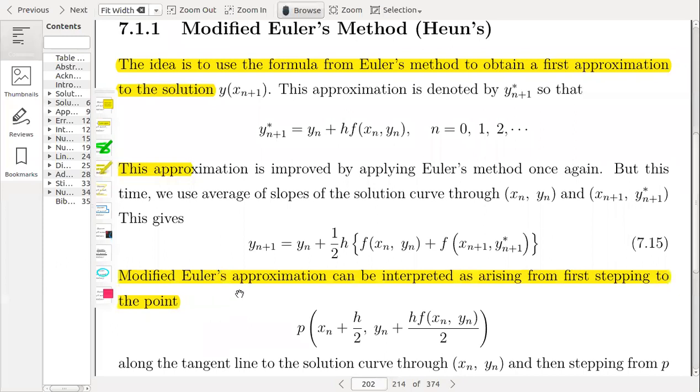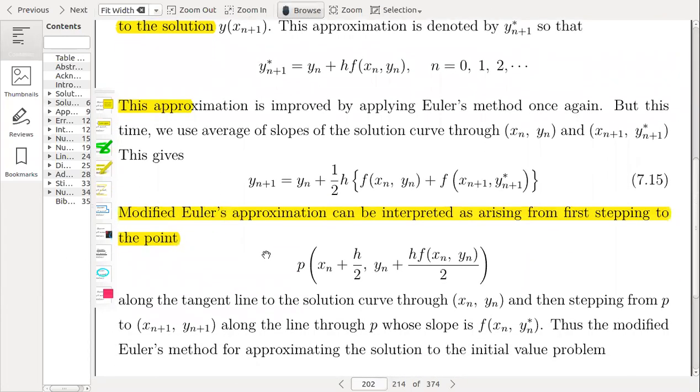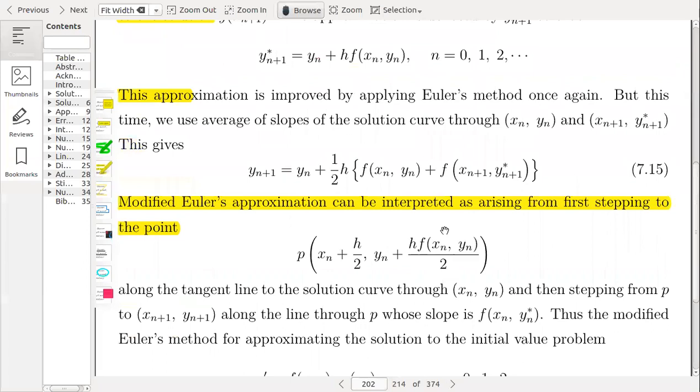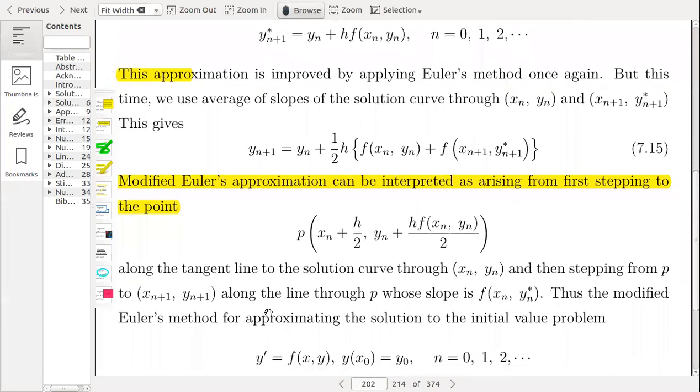Okay, so it's a rising curve or rising graph, which is going towards the point P. So how we can compute P: the x coordinate is xn plus h by 2 and the y coordinate is yn plus h f of xn yn over 2, along the tangent line to the solution curve through xn and yn, and then stepping from P, this point, towards xn plus 1 and yn plus 1 along the line through P whose slope is f of xn plus 1, yn plus 1 star.